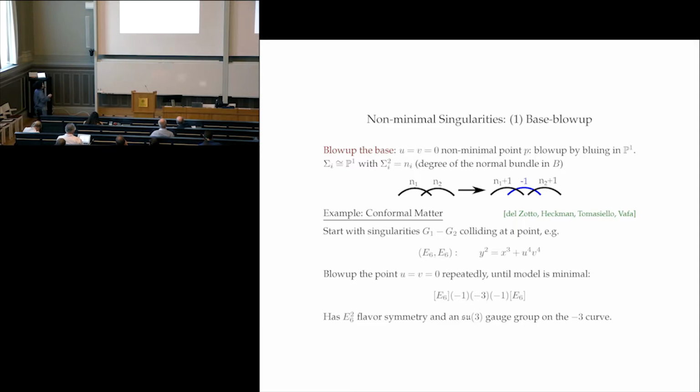And now blowing up this point repeatedly until we get a minimal fibration gives this sort of model where there's a non-compact E6 on one side, there's a -1 curve, -3 self-intersection number curve, -1 curve, another E6 non-compact curve, and on top of this -3 there's an SU3. So this is the so-called E6, E6 minimal conformal matter theory. That's one example of a 6D (1,0) theory. That actually we'll look at later.